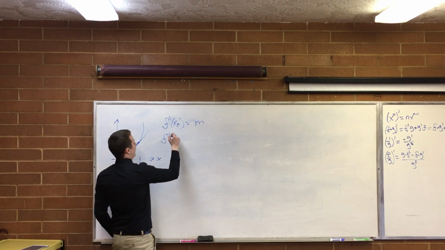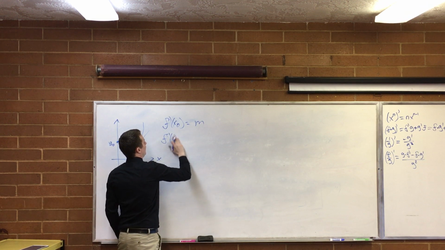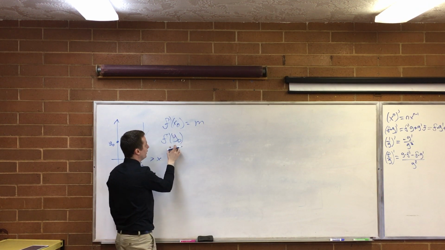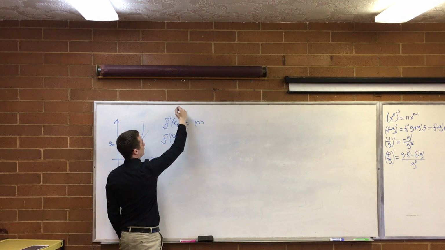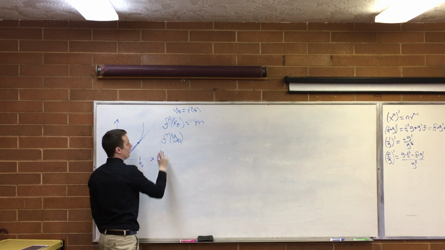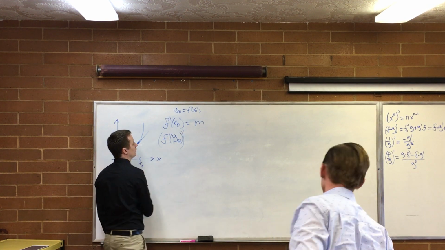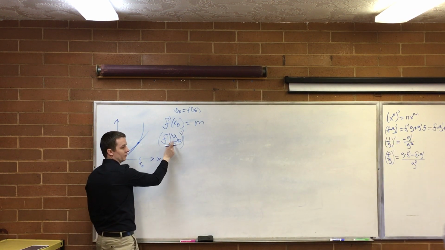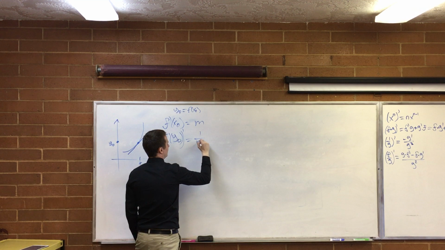So, the derivative of f inverse at y naught, where y naught is equal to f of x naught, is equal to 1 over n.